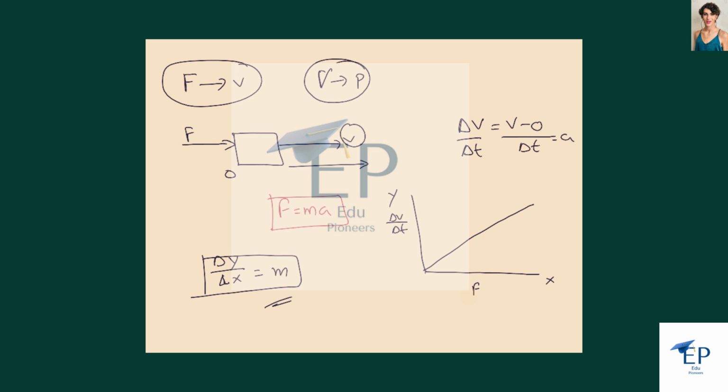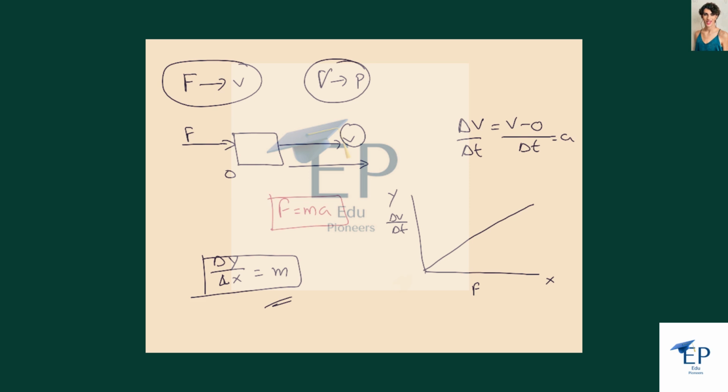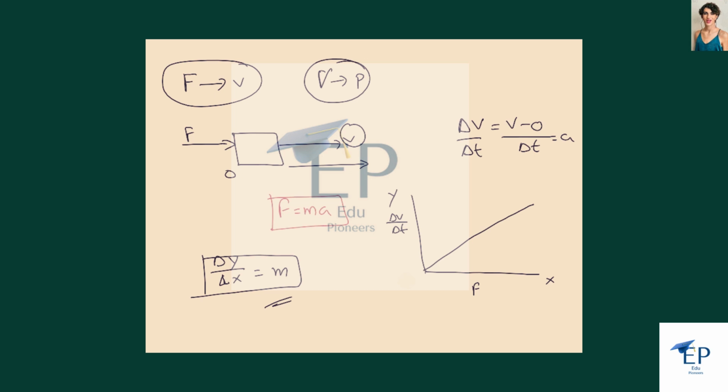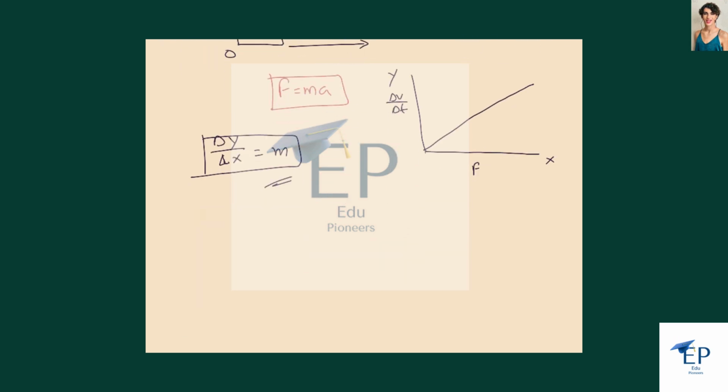Now coming to the second part, which is the dependence of force and power. So what is force, what is power? Power will be equal to force into velocity, that is the power value, right?